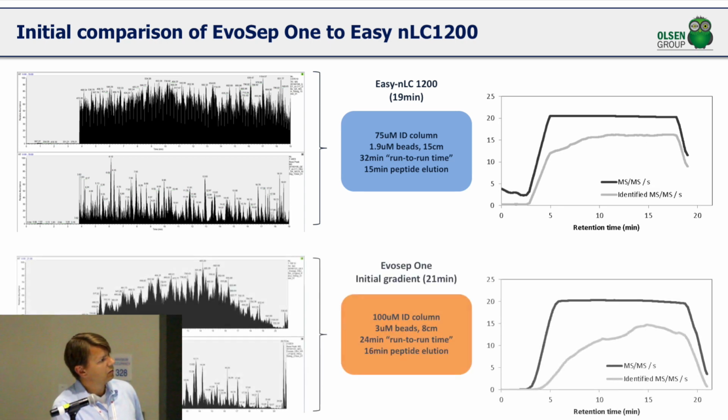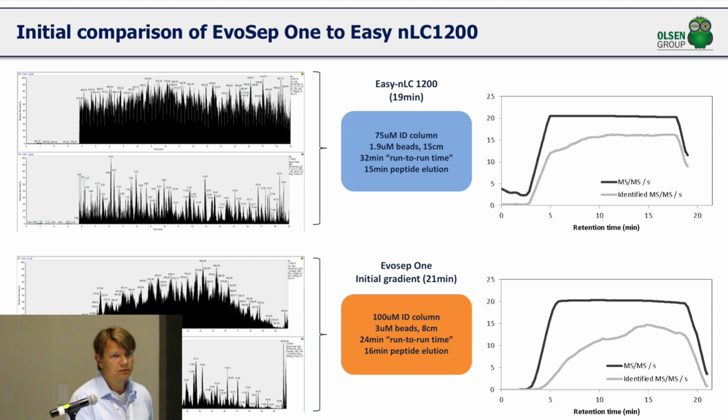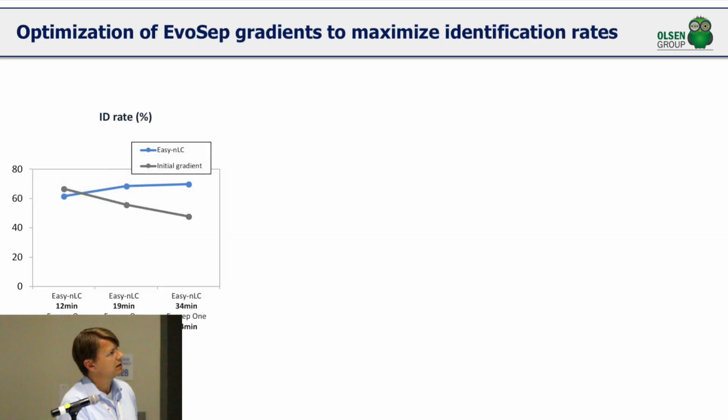And that's indeed what we saw, that using the so-called 24-minute gradient on the EvoSep One system, where we get 16 minutes of peptide elution, we can see more or less the same number of peptides per second as we can with the Easy-nLC system. Except we noticed that in the early parts of the gradients, we didn't have the same number of identifications as we saw with the Easy-nLC system.